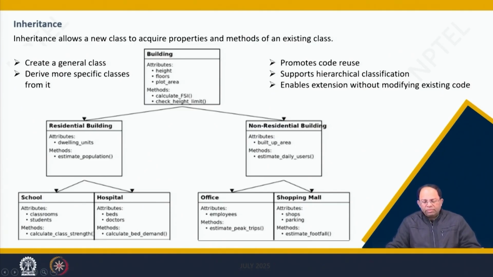So you can go to office, and you can see that employees is one new attribute, and a new method is estimate peak trips, which is in addition to all the methods and attributes that were there in the non-residential building, and this automatically includes all the attributes and methods of the building class as well. So this is how inheritance works.